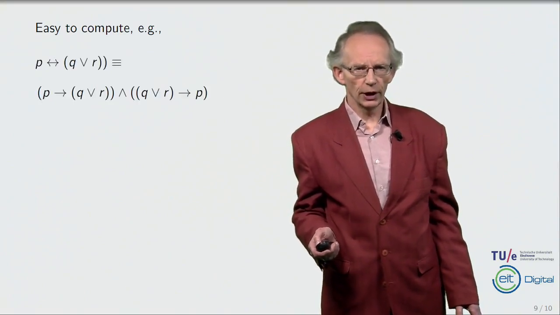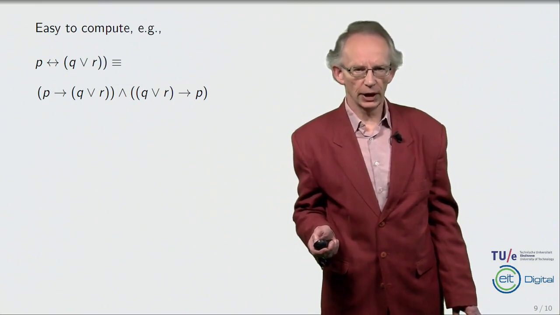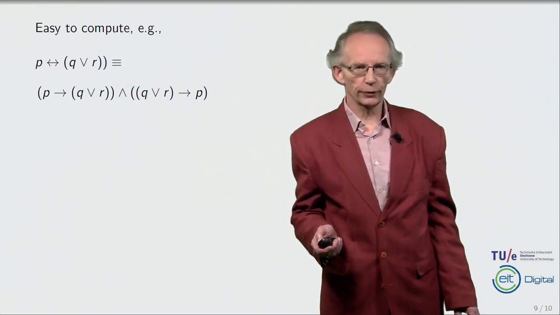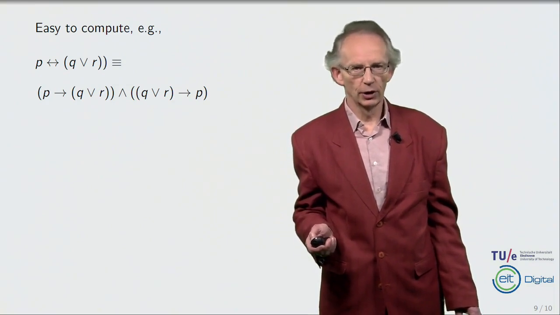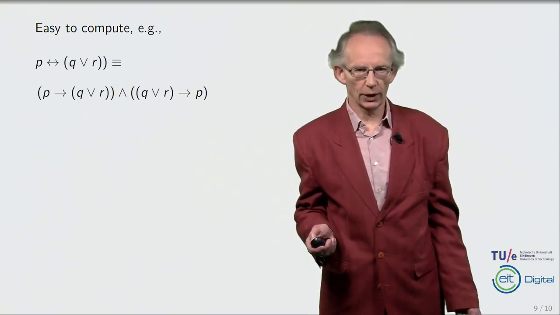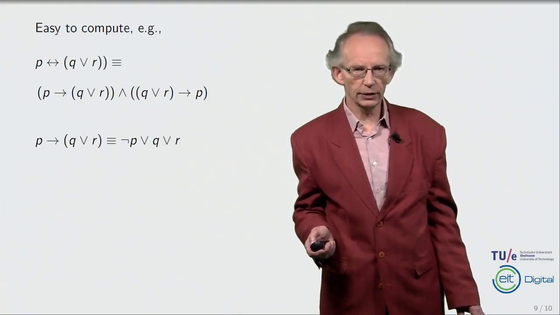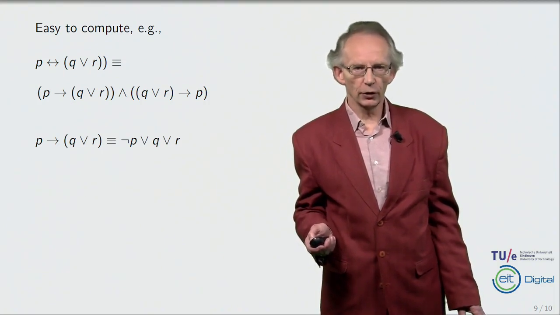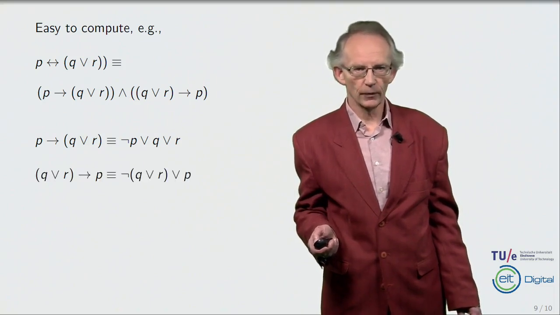For instance, consider the one with disjunction, P ↔ Q ∨ R. We want to transform this to CNF. How to do that? Well, first we observe that the bi-implication is just a conjunction of two implications, one from left to right and one from right to left. If we consider the implication from left to right, P → Q ∨ R is equivalent to ¬P ∨ Q ∨ R, which is a clause itself.